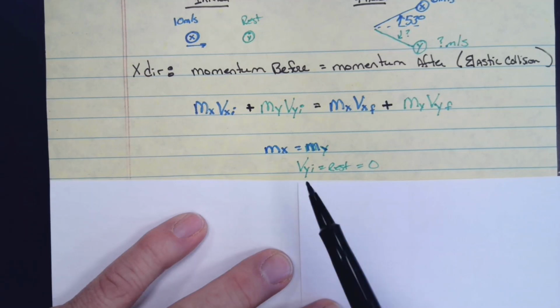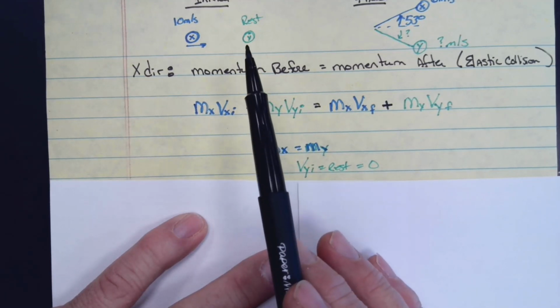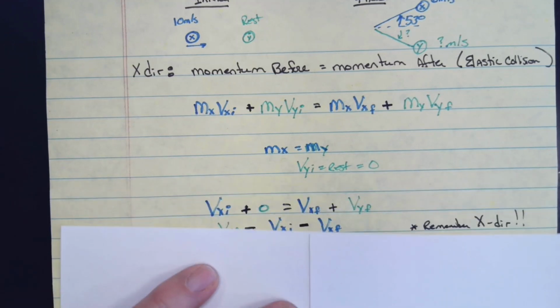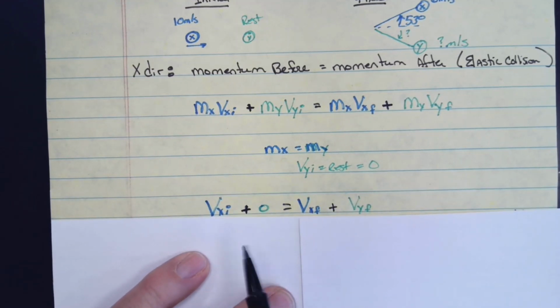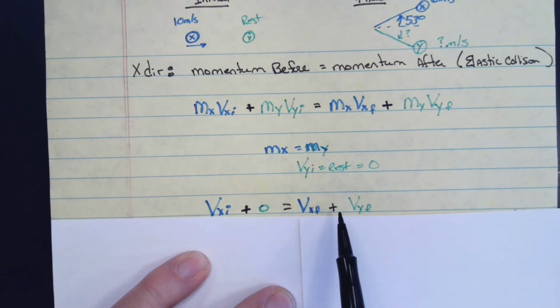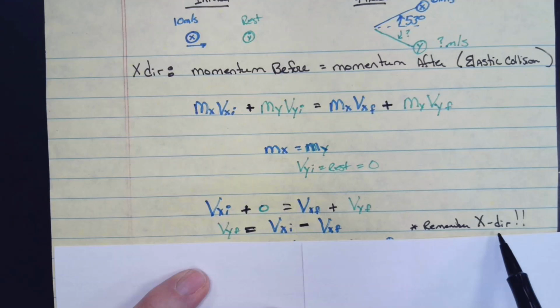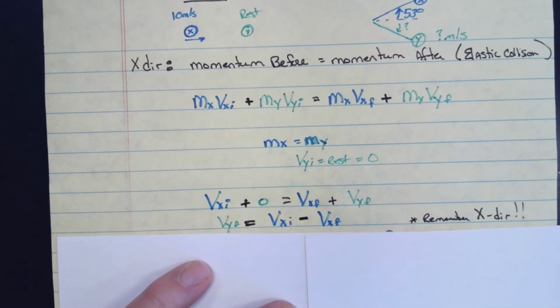We also know that the initial velocity of ball Y was 0, so all it is is that the velocity in the X direction initially has to equal the two velocities in the X direction at the end. And remember, we're talking just about the X direction. That's the only thing we're looking at right now.